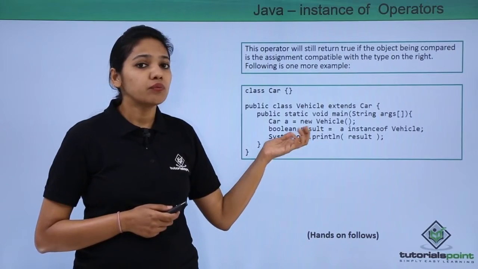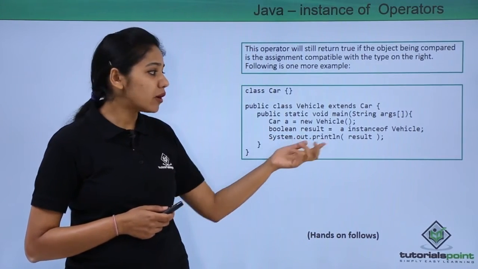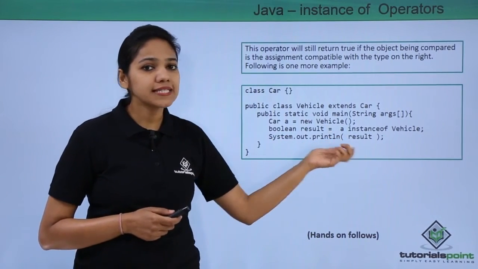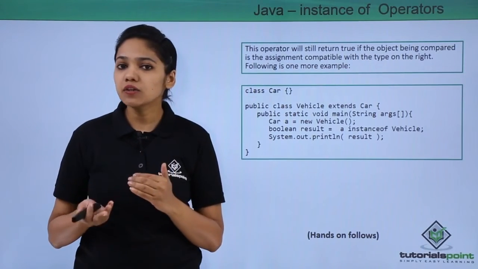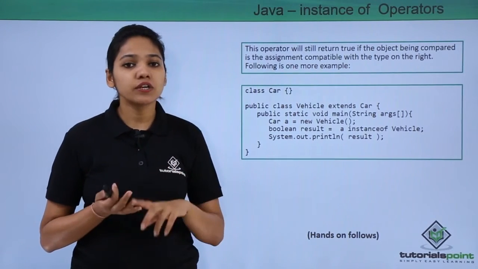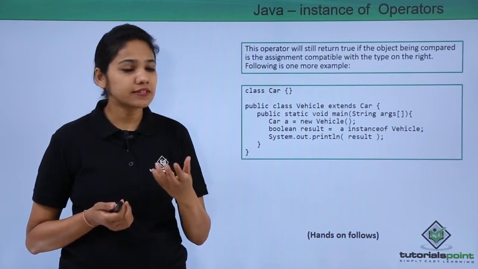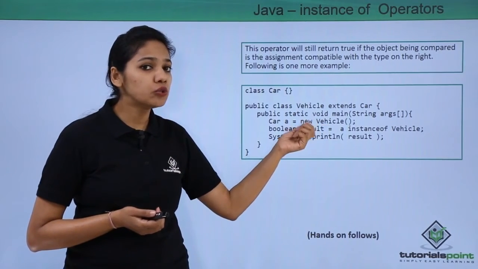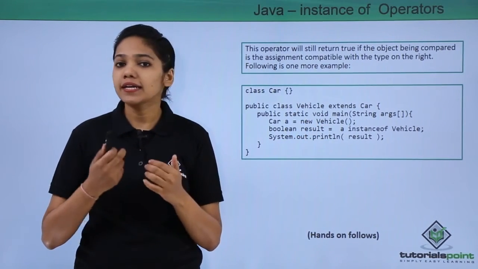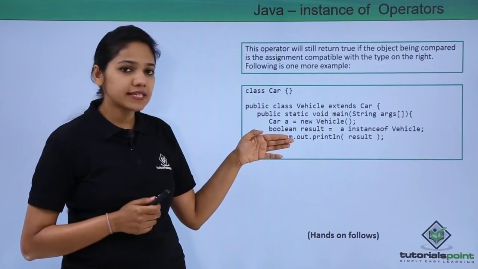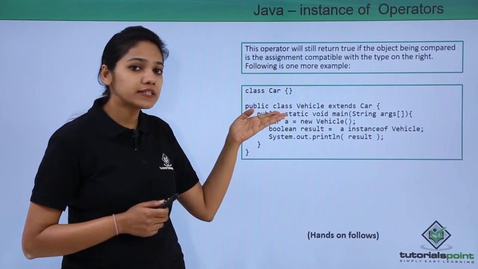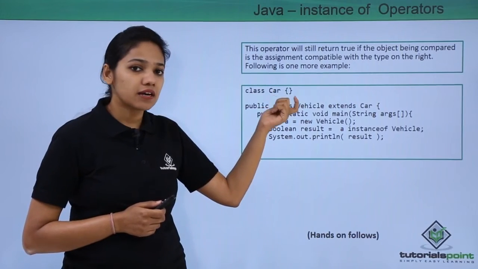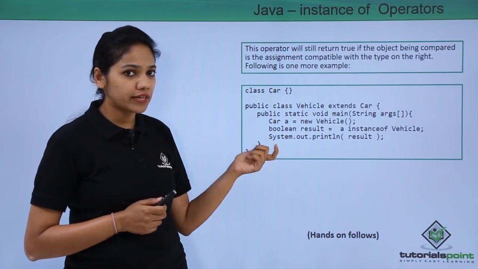In this example, we are trying to understand the new operator plus instanceof. We have certain other operators in miscellaneous, those are dot operator, new operator, etc. But what does this new operator do? We need to understand that. What we have done in this example is that we have created two classes. The first class is car, the second class is vehicle.